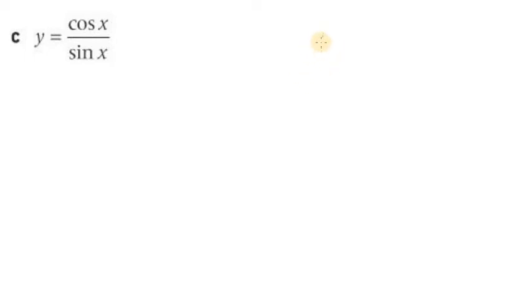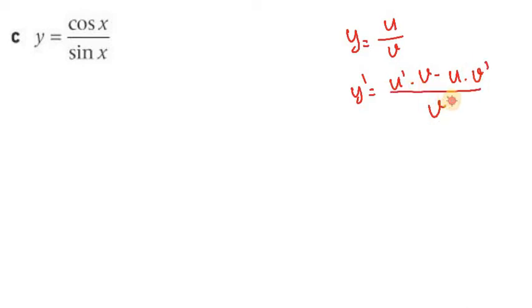So if we have y equals u over v, then y', the derivative of that, will be u' times v minus u times v', divided by v square. Okay, that's the rule, that's the note for this. So with that, our u will be cos x.